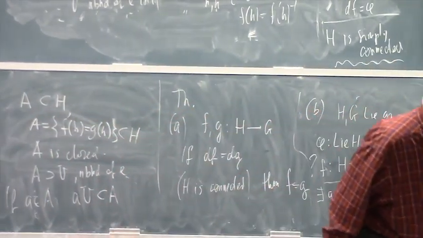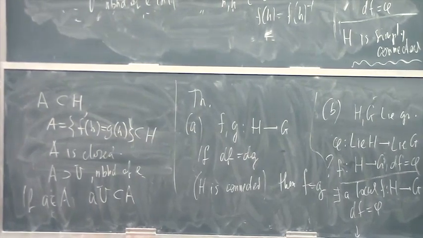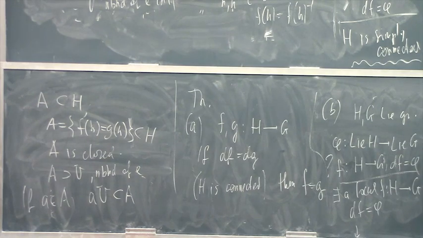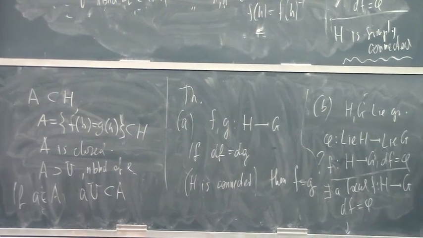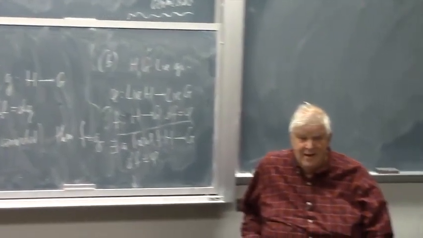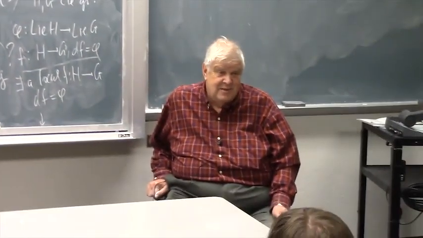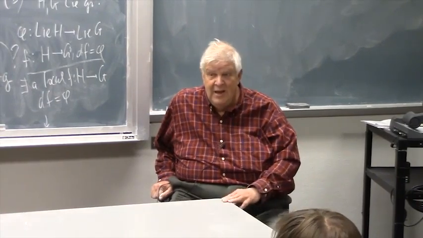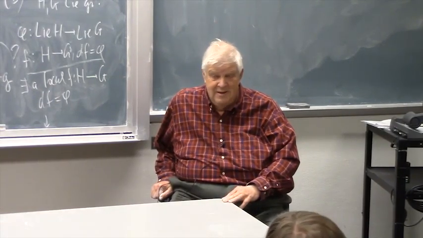A is contained in A, U is contained in A, the product is contained in A. And this means that every point which is in A is contained in A with some neighborhood. I don't know what else to say about this. A closed open subset of a connected space, the whole space, so they coincide. Now part B.